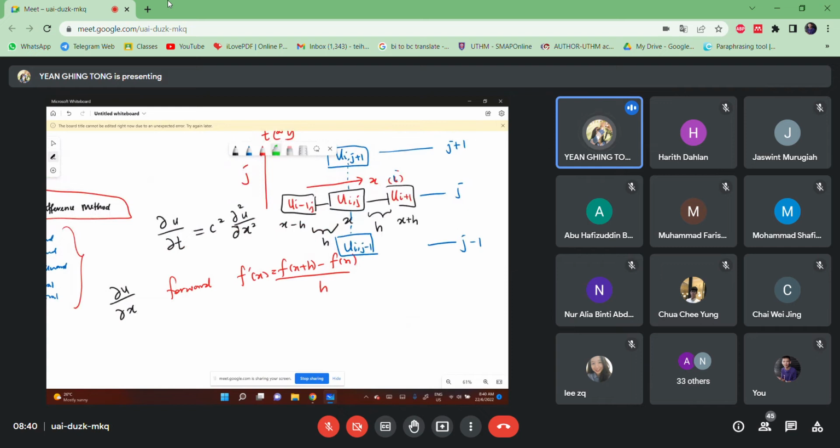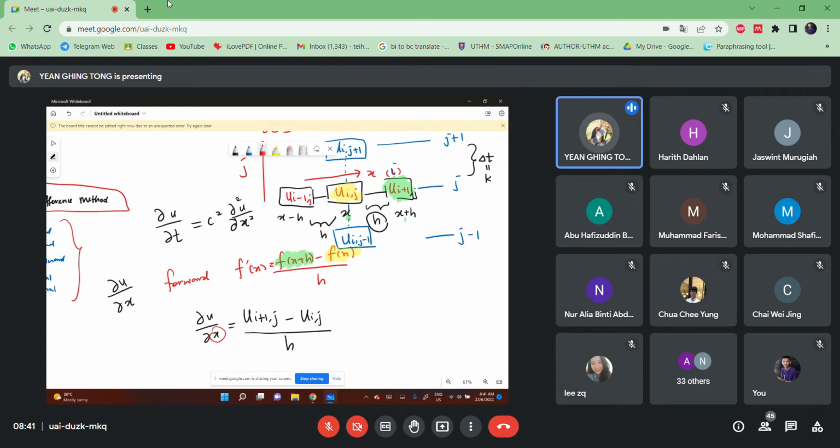So you look at here, it says F of X plus H minus F of X. Here, this is X and this is X plus H. So you will start with U I plus 1, J, this is level J, minus F of X, which is U I, J. Divided by, remember I said for the X, the step size we use H. For this one, the step size we use K. So here, H only, because this is with respect to X.